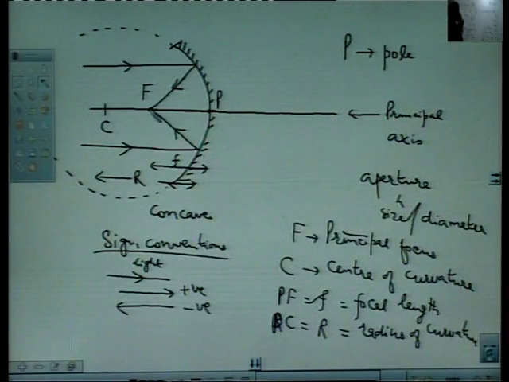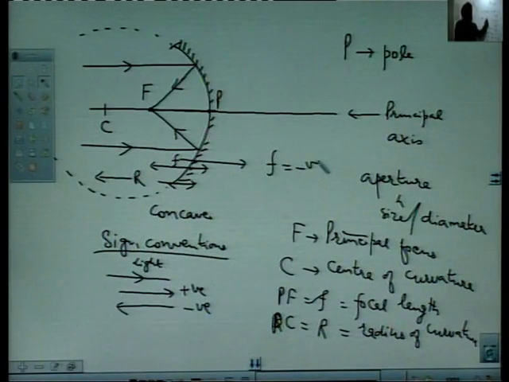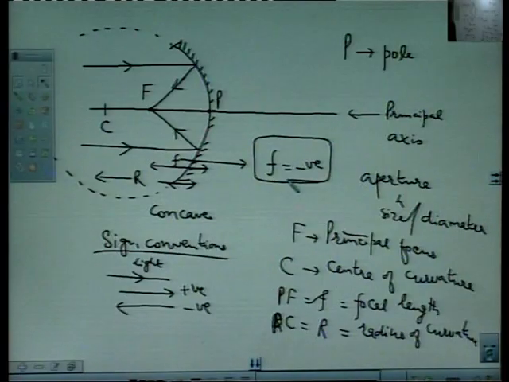Light is coming from left to right, distance is measured from right to left, hence this focal length will be negative. In case of a concave mirror, this focal length is taken as negative.